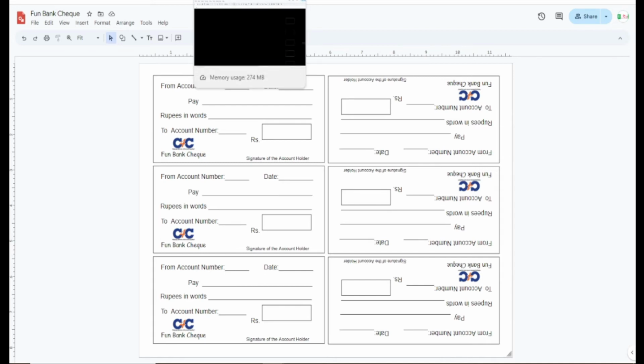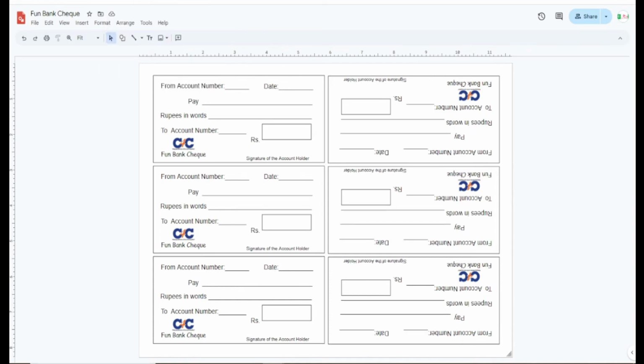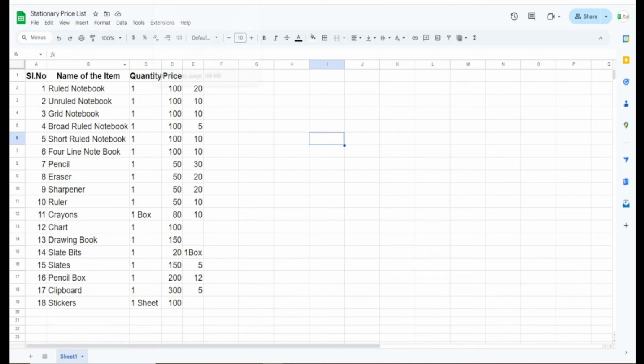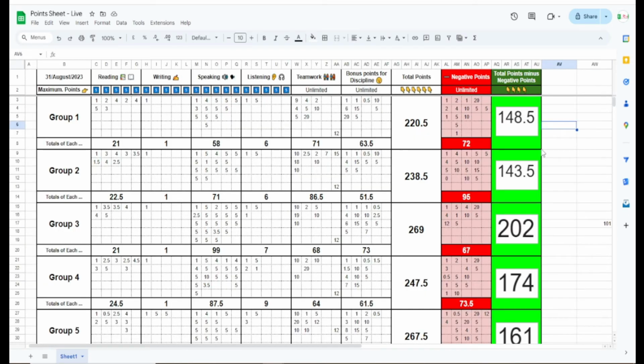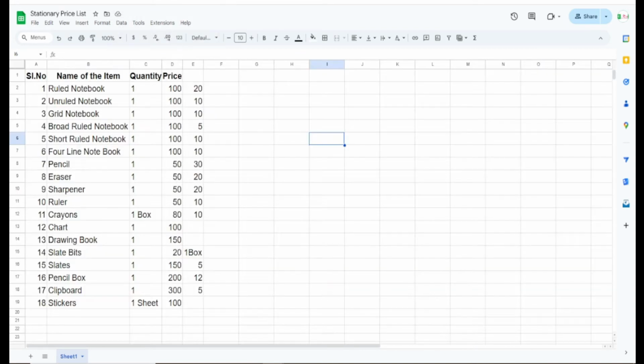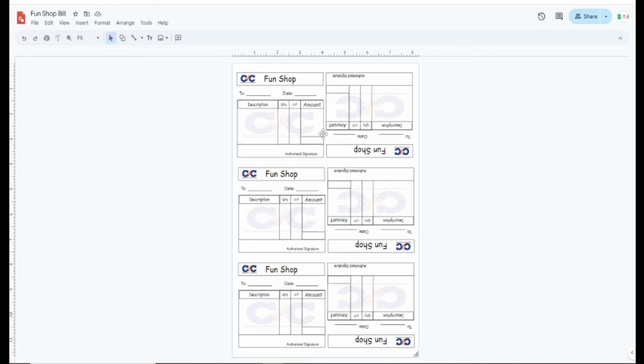Now, before I explain how the bank forms function, I would like to go into how the funds they have earned are going to benefit the children. Simultaneously, we have created something called the fun shop.